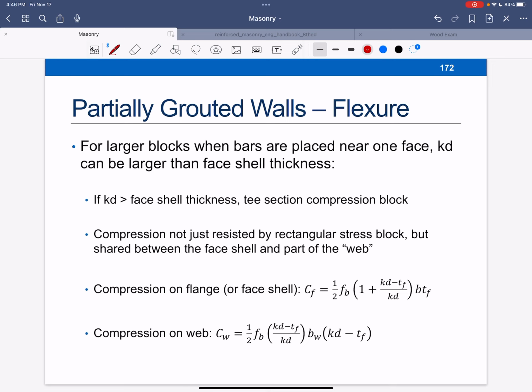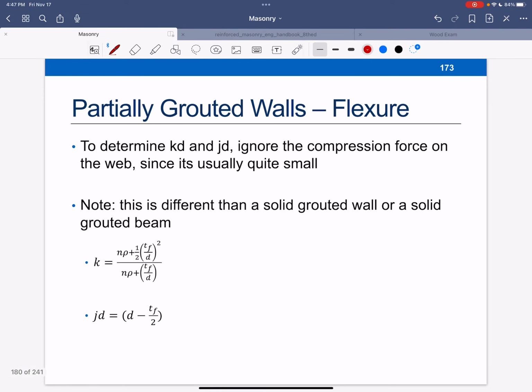So if you look at compression and tension, I'm going to have a flange part of the compression, a stem part of the compression, and then I have my tension. So compression flange, compression in the web, which in this case is the stem because it includes the grouted piece, and my tension. If I want to figure out k, in this case I can look at jd, kd and jd, in other words, the percentage of jd. Ignore the compression force on the web since it's usually quite small.